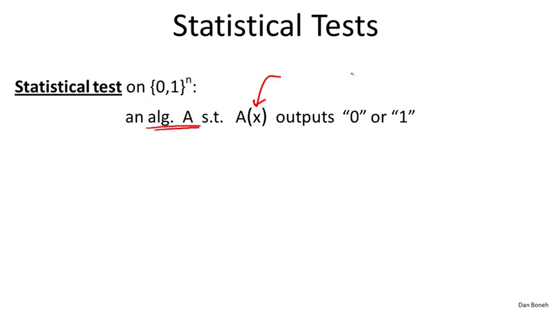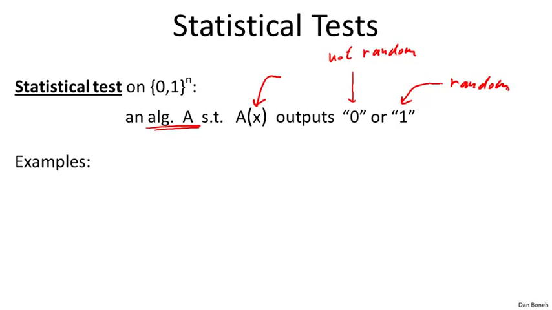We think of 0 as the statistical test saying the input you gave me is not random, and 1 as saying that the input you gave me actually is random. So all the statistical test does is take the n-bit input string x that was given to it and decide whether it looks random or not.